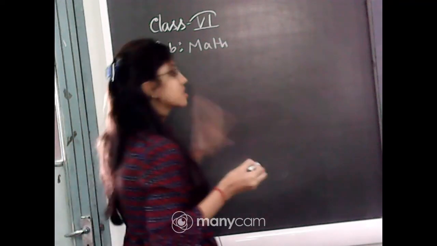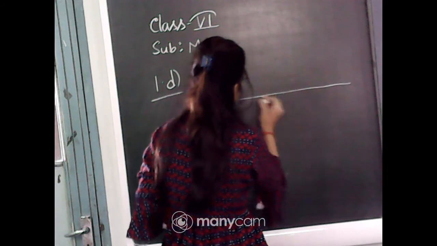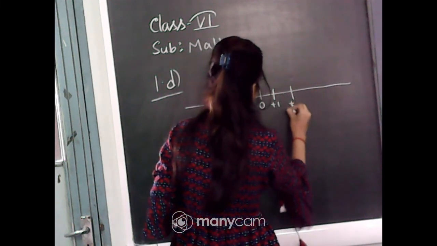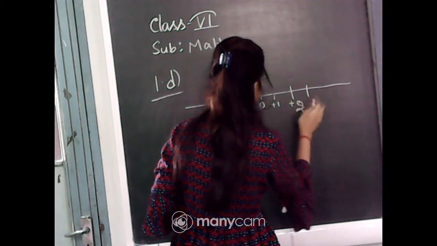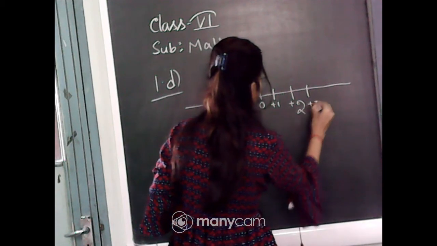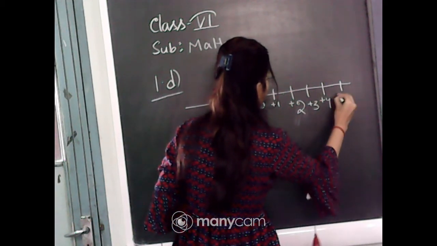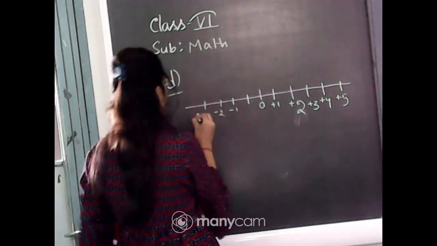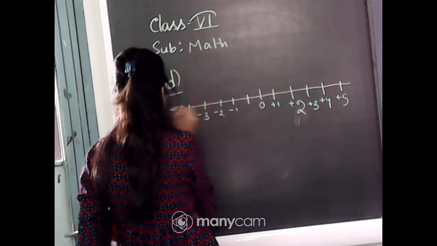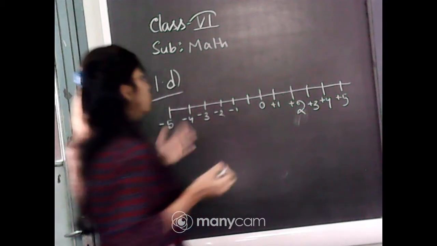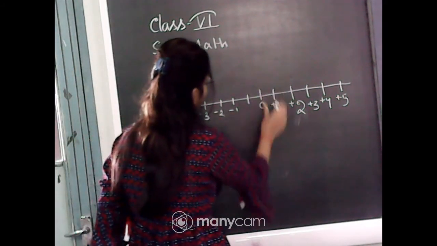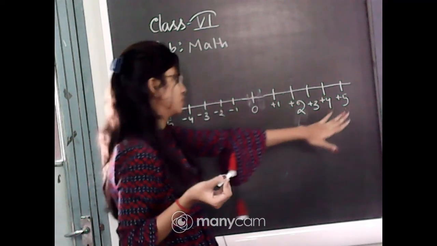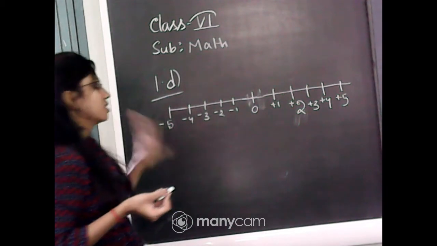First we draw the number line. We all know that points to the right of 0 are positive integers and points to the left of 0 are negative integers.